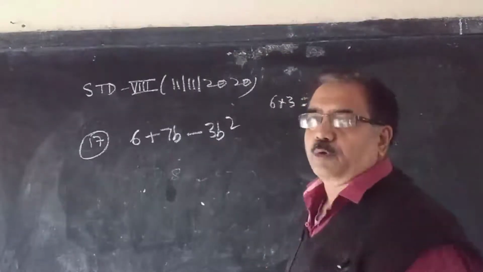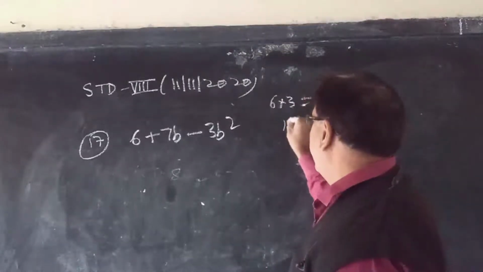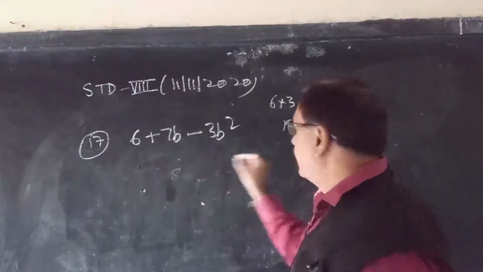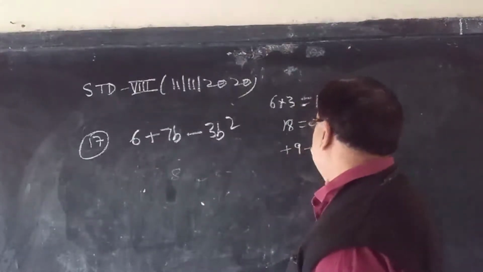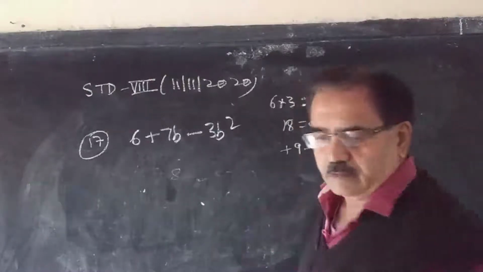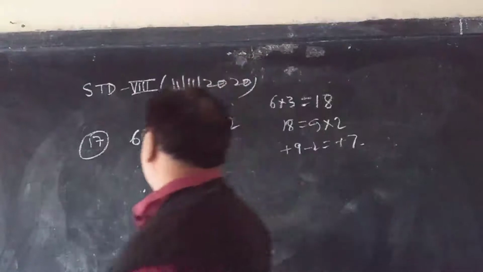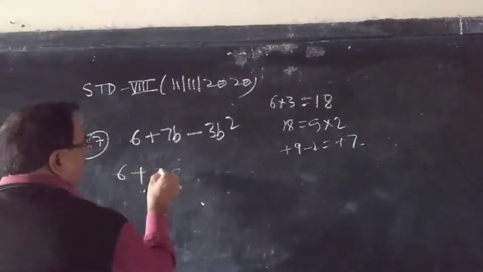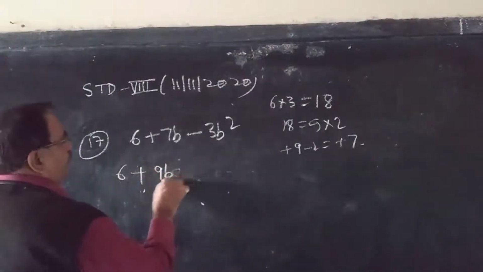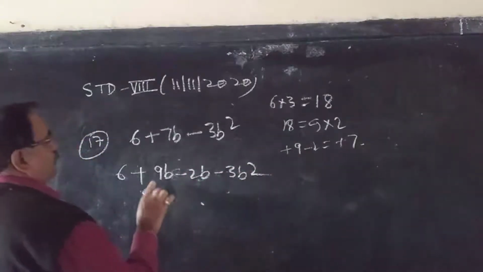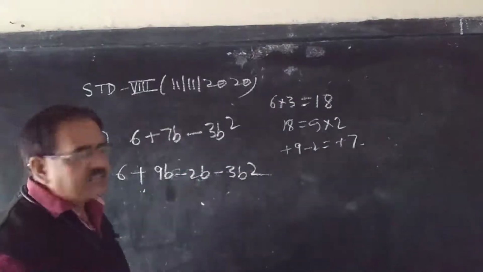Now we will find the products of 18. So 18 is 9 into 2, and we want plus 7. So plus 9 minus 2 is plus 7. So we will take this product only. So we write 6 plus 9b minus 2b minus 3b squared. Plus 9 minus 2 is plus 7.